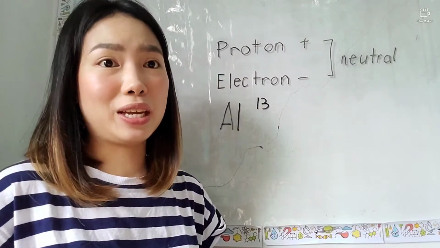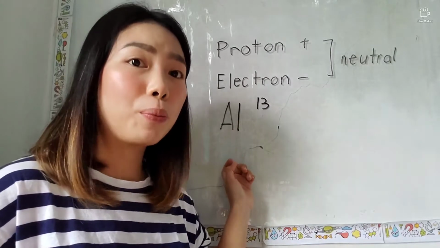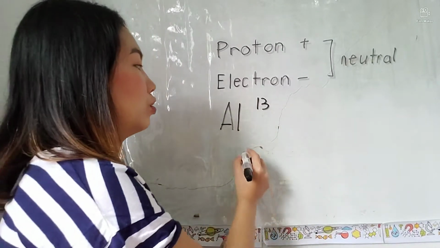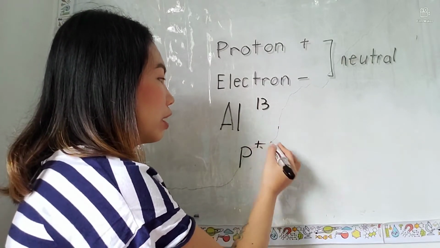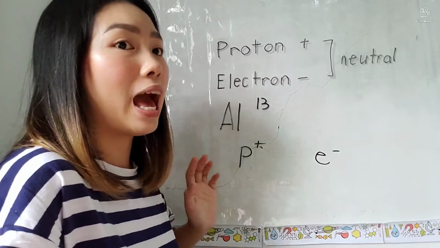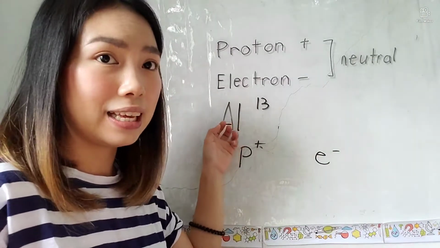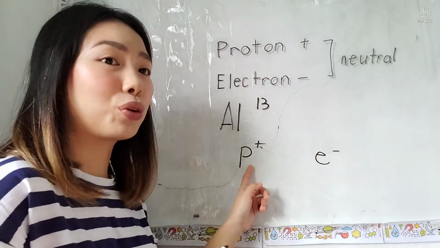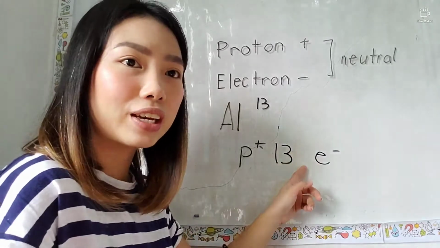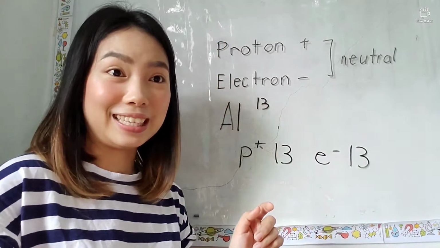Let's have another example. So for example, I have an element aluminum and the atomic number of aluminum is 13. Then, what will be the number of proton and the number of electron of the element aluminum? So since aluminum is in a neutral state, then the number of proton will be 13 and the number of electron would also be 13.